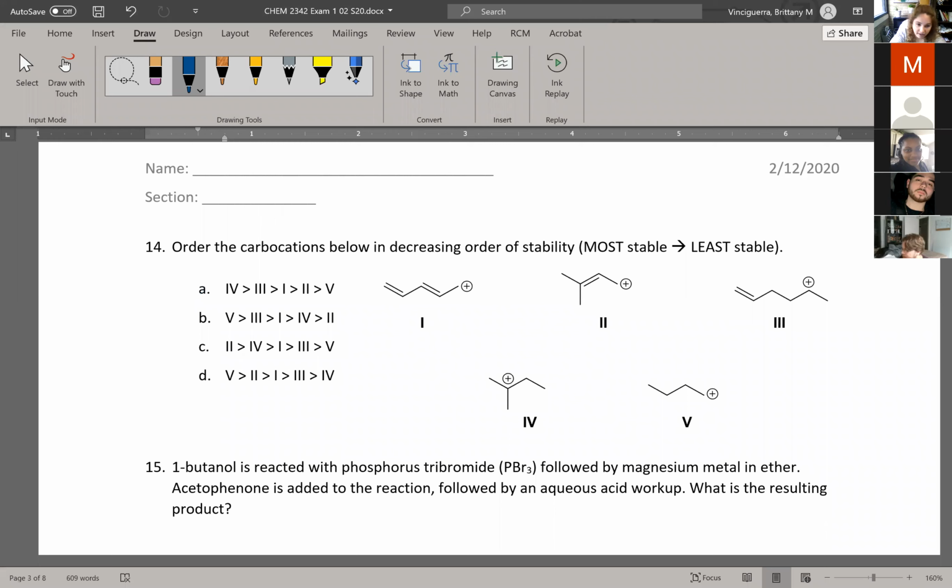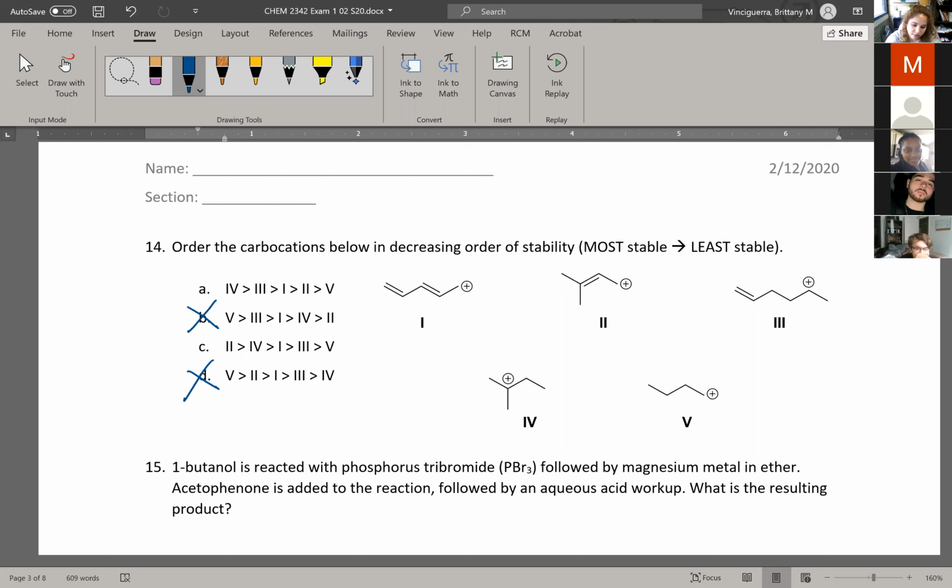5. So you should automatically remove that. It's primary. There are no double bonds. There's nothing allylic. There's nothing conjugated. 5 is by far the worst option. So you should not be considering anything that has 5 at the front or even somewhere in the middle. Unfortunately, I gave you 2 that have 5 as the last answer.